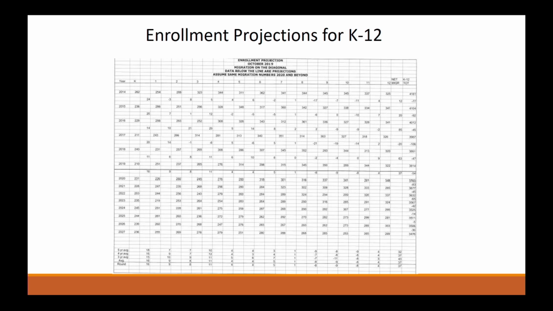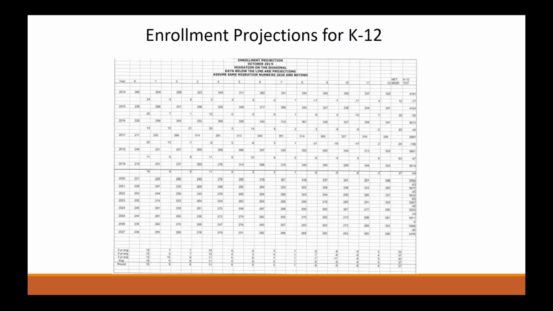And we expect an increase of 16 students going from kindergarten to first grade, so that we anticipate in October of 2020 that we're going to have 226 first graders. We do the same for going from first grade to second grade, except our average there is 9 students.